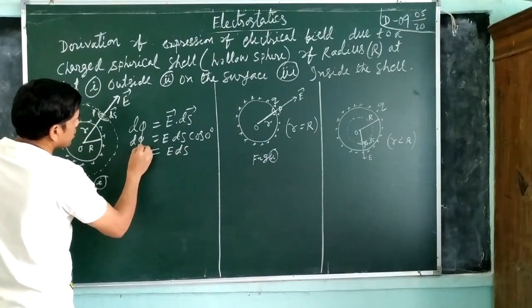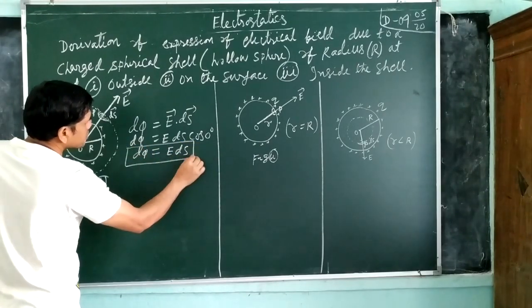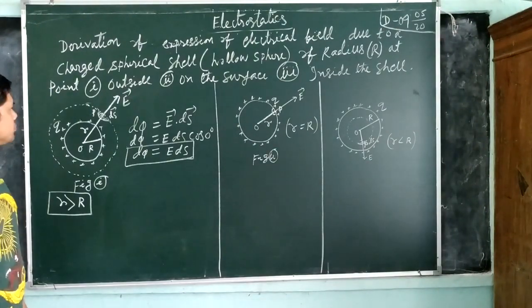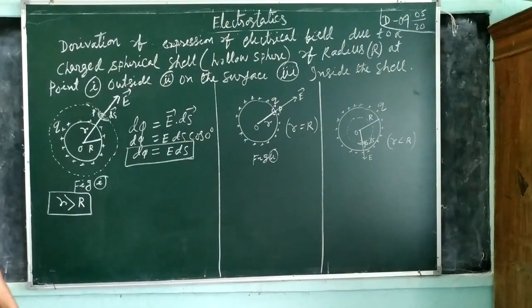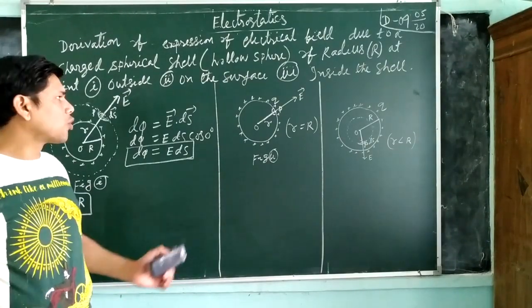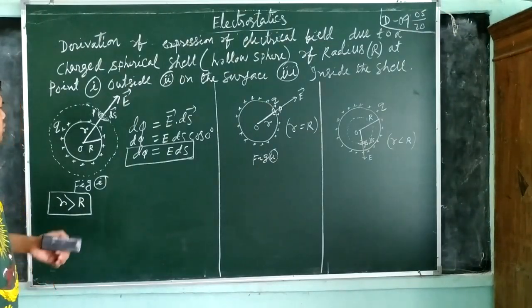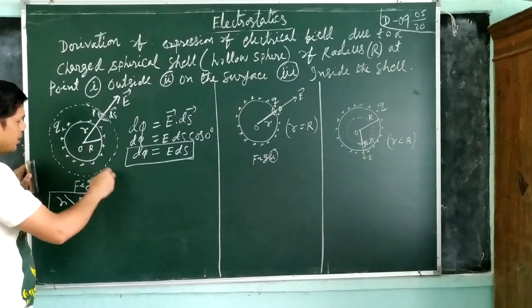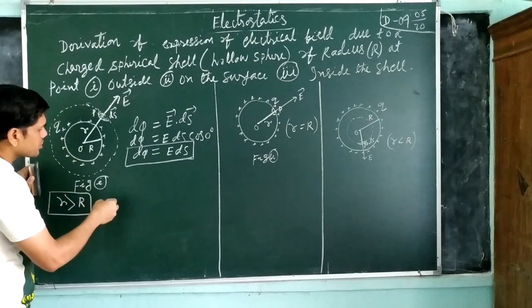This is the small electric flux passing through this elemental area vector ds. Now, from Gauss theorem, we know that the total electric flux passing through a closed surface is 1 by epsilon naught times the total charge enclosed by this closed surface. Here, the total charge is already denoted, plus Q.